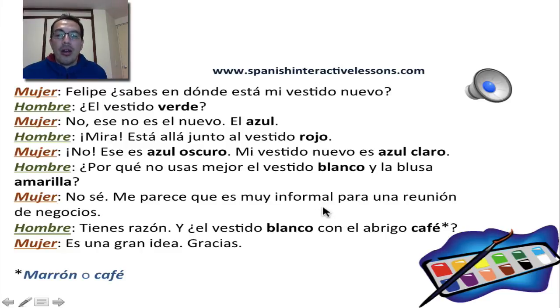Why don't you wear the white, blanco, white dress and la blusa amarilla, and this color is yellow, amarillo, amarilla, and the yellow blouse, blusa, blouse. Why don't you wear the white dress and the yellow blouse?